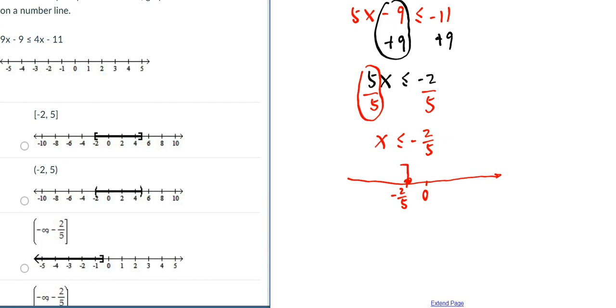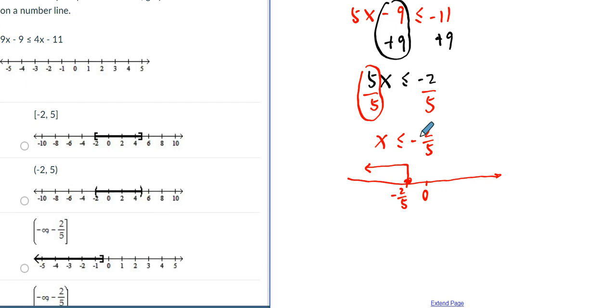So this number to the left, not to the right. Yeah, the common mistake is to the right. It's not, because 0 is greater than negative 2/5. Okay? That's the graph representation.